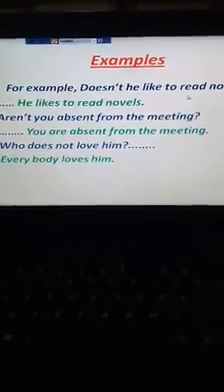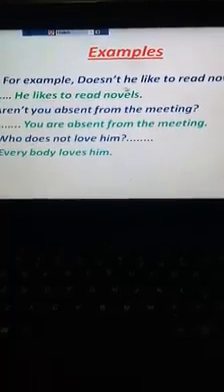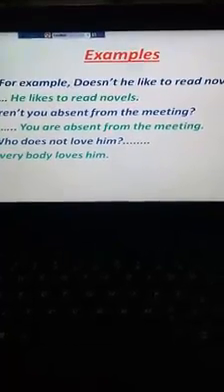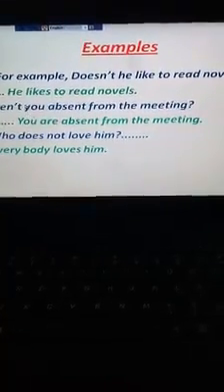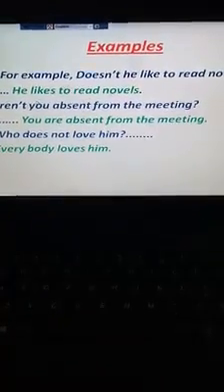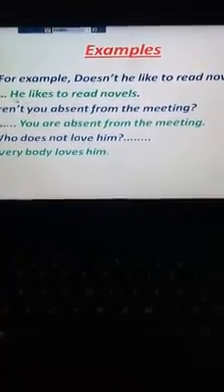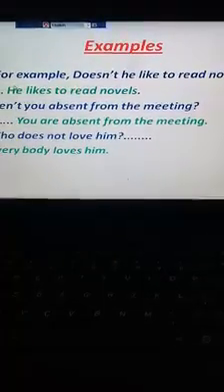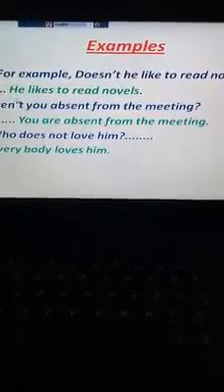there are 3 examples for you. Doesn't he like to read novels? The first one is, doesn't he like to read novels? And this is an interrogative sentence. In the affirmative sentence, I have written, he likes to read novels. So, at first, I have written the subject first. That is, he is the subject.